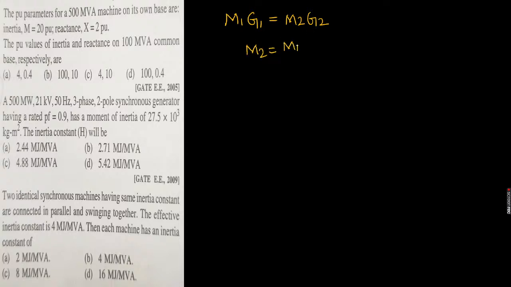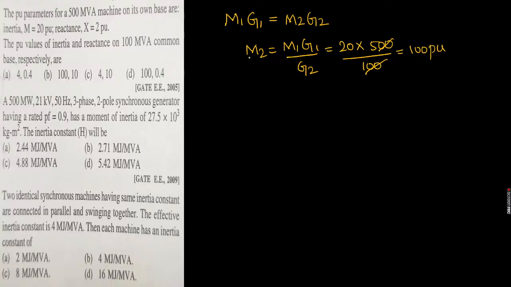It can be written as M1 times G1 divided by G2. M1 was given as 20, G1 was given as 500 MVA, and G2 is 100 MVA. If I cancel it, 20 times 5 will become 100. So the new value will become 100 per unit. That is the new value of M.